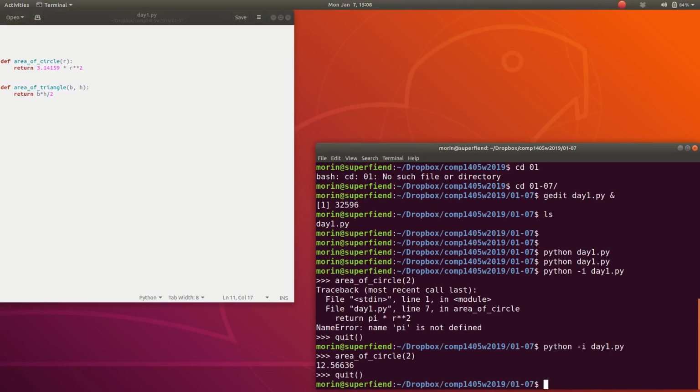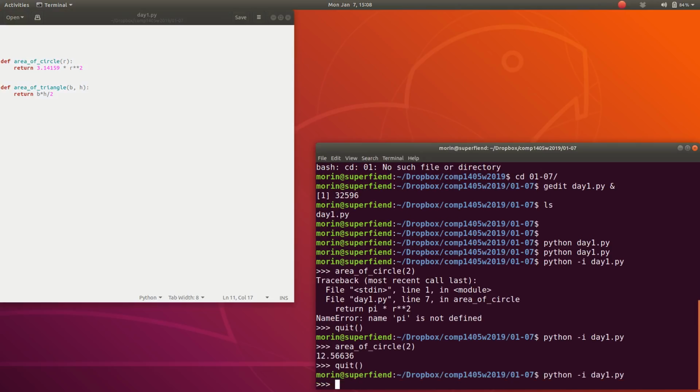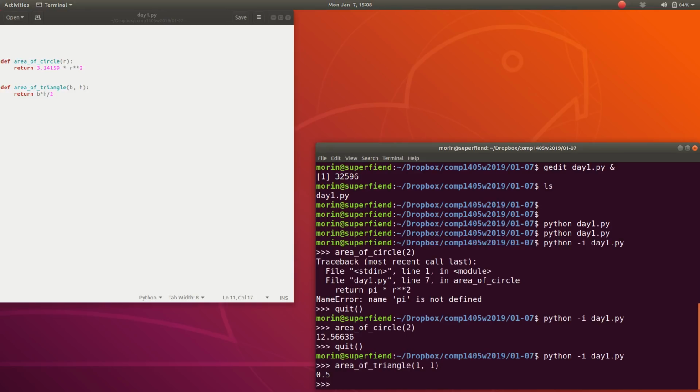So let's quit and load all that up again. So let's say a triangle of height 1 and base 1 has area 1/2. 1 times 1 divided by 2 is indeed 1/2. And we can test it with other values, and actually it'll work.